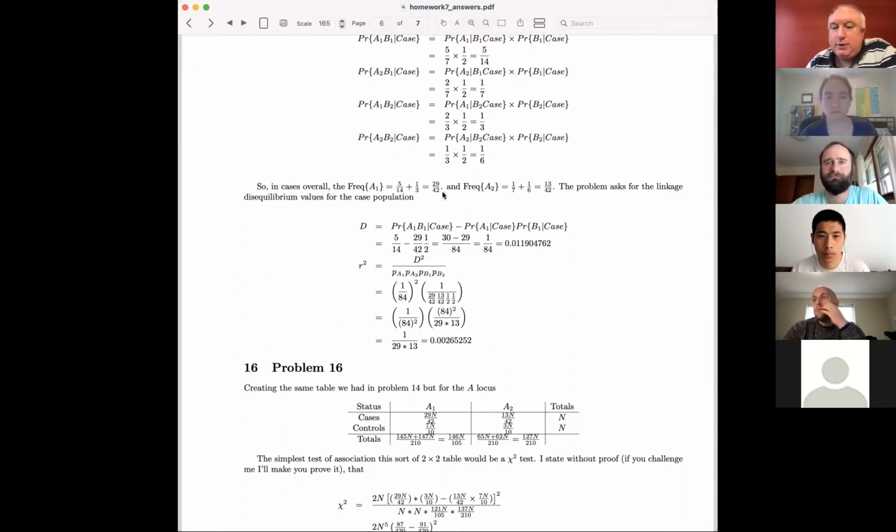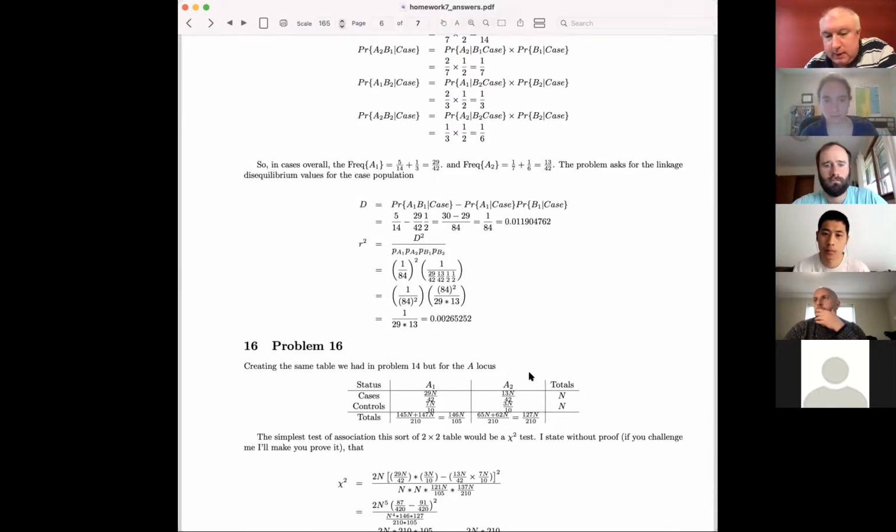We worked out in problem 15 that the frequency of the A1 allele was 29/42 in cases, and the A2 allele was 13/42. Again, I assume an equal number of cases and controls, because it makes my math a lot easier.